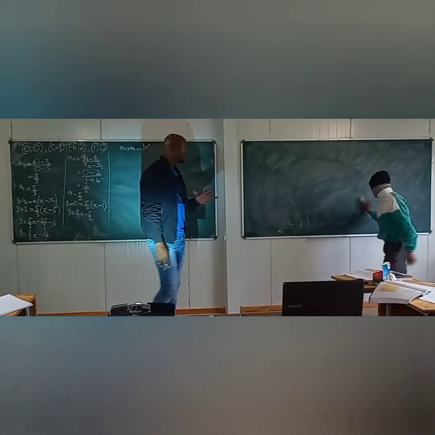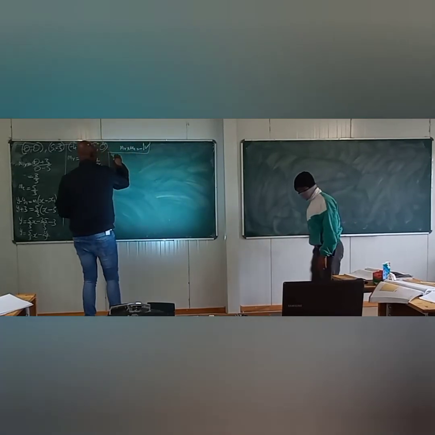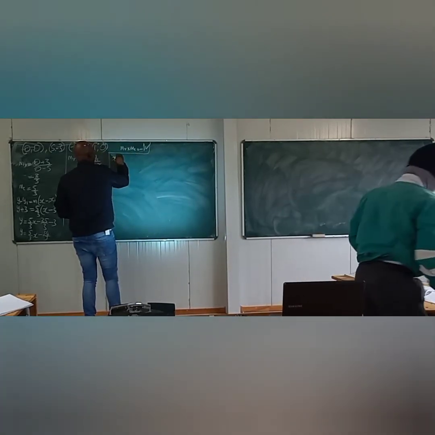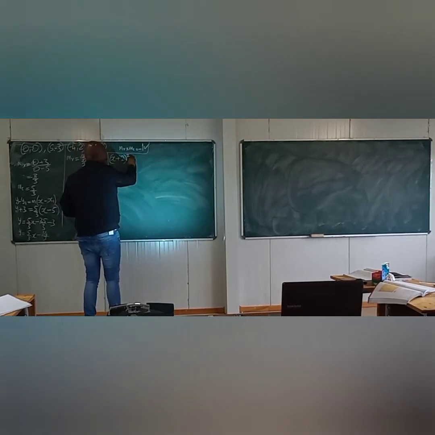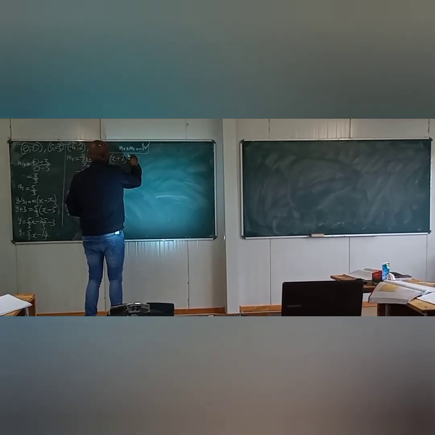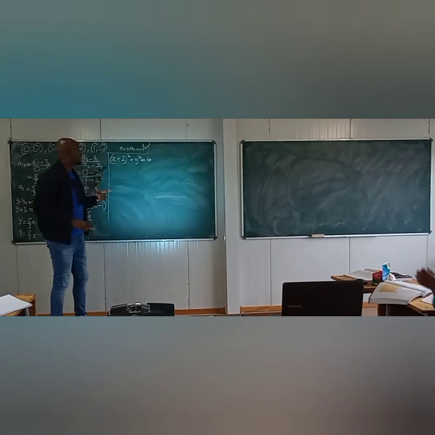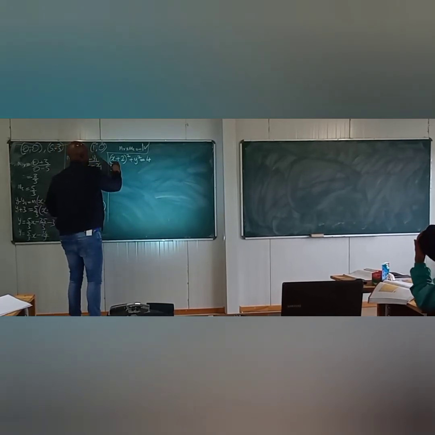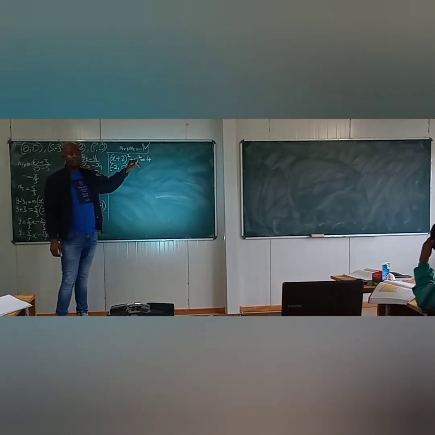Firstly, let's write the equation: x plus 2 squared plus y squared equals 4. Now, what is the center? The center here is minus 2, 0, because there's y squared.